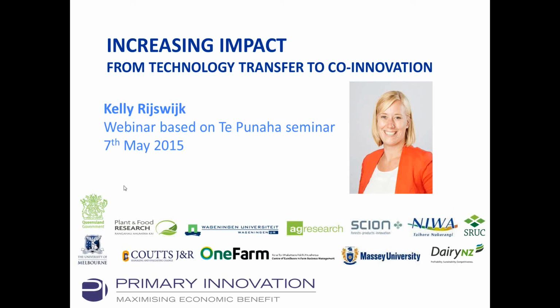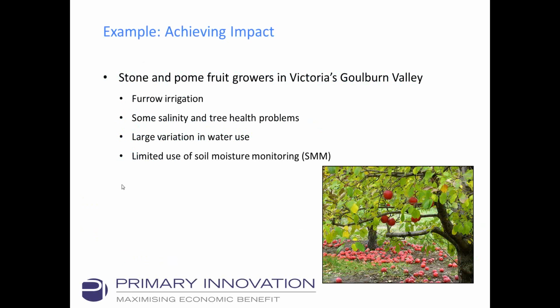Before we start all the details, I'd like to start with an example that some of you might be well familiar with. Denise Busel, who's in the audience, worked on this example, so she might correct me later if I go wrong. It's about the stone and palm fruit growers in Victoria's Goulburn Valley. There are a large number of family-run orchards there, and they mainly use furrow irrigation, and they have some issues with salinity and tree health problems.